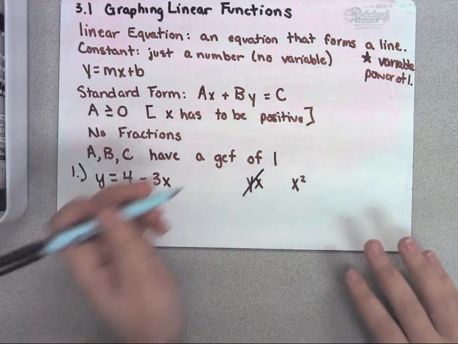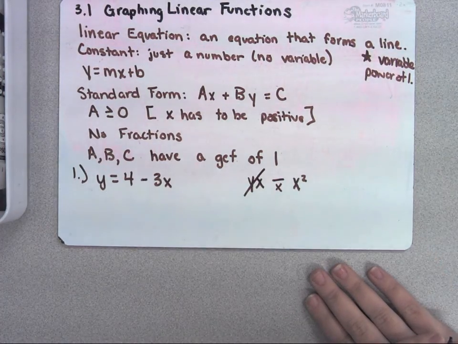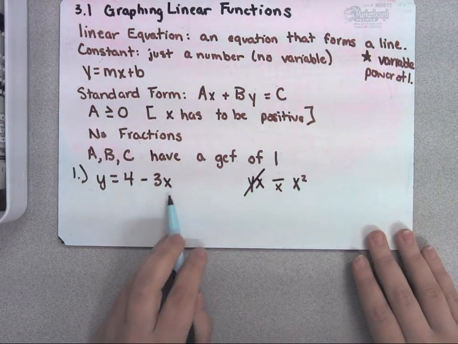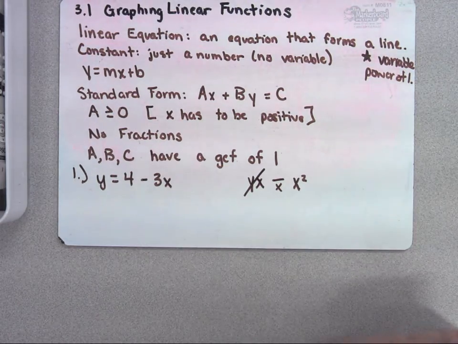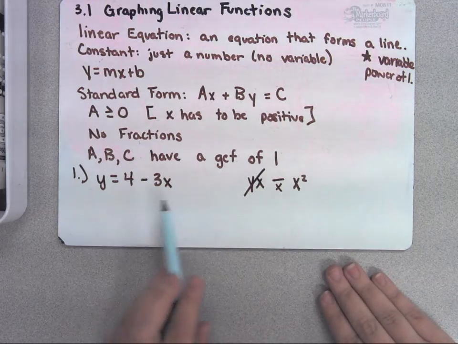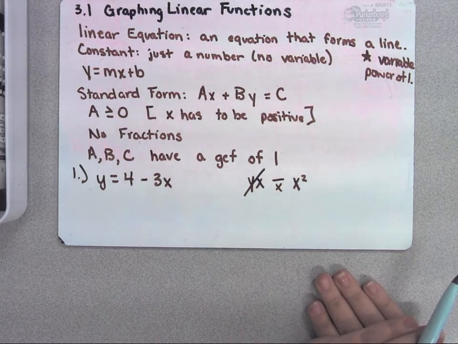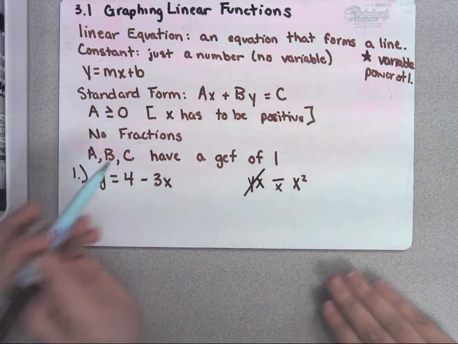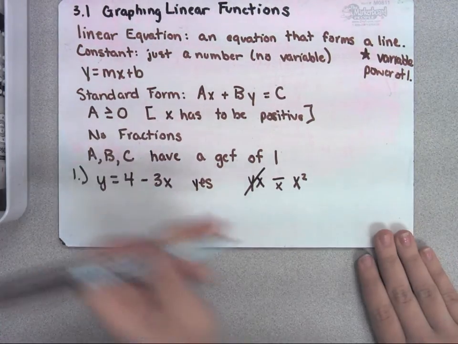No variables in the denominator. You're only allowed to have x and y. No z, no q, nothing. This is a perfect example of a linear equation. So this one, the first sentence, yes, it is a linear equation.